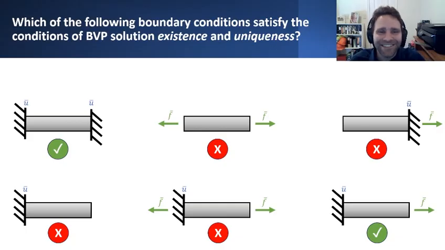All right, so hopefully you guessed correctly. If not, better luck next time, but you can certainly rationalize why some of these different constraints result in well-posed boundary value problems. The one that might have given you a little bit of trouble was probably the first one, actually, where both ends of this member were constrained against displacement.